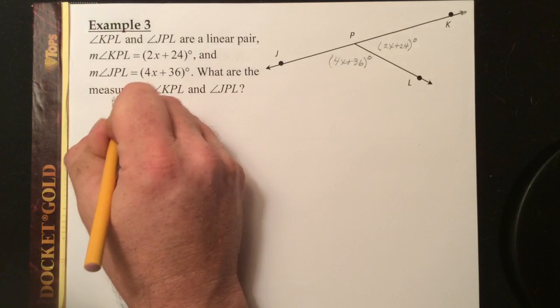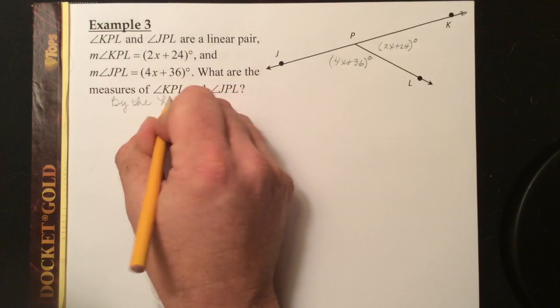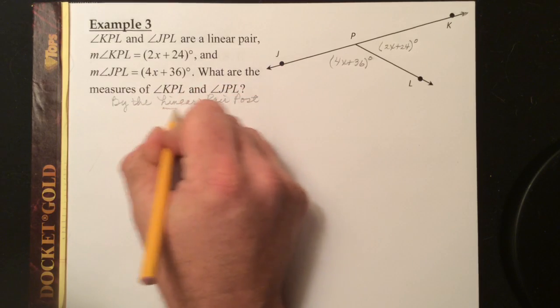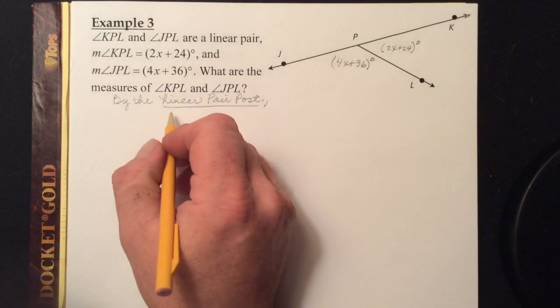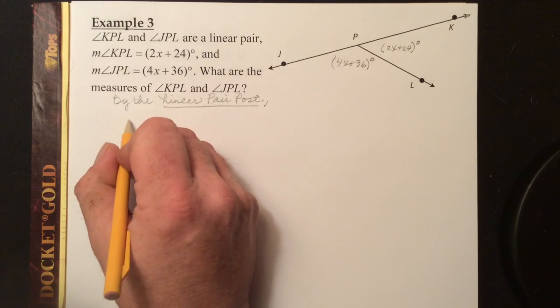So, by the linear pair postulate, remember, the linear pair postulate says that if you have a linear pair of angles, then they're supplementary. If they're supplementary, that means you can add them up and it should be 180 degrees.